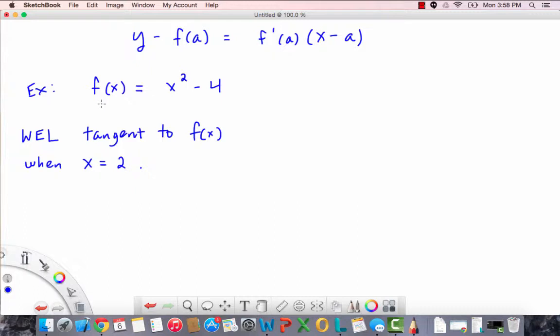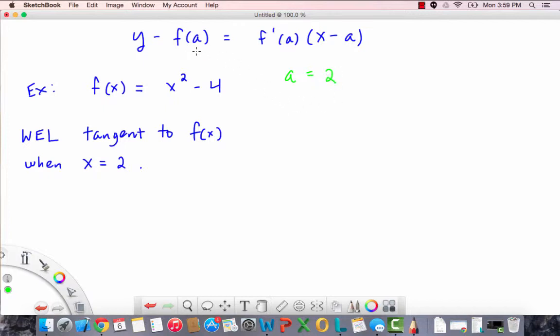And let's do an example. f of x equals x squared minus 4. And we're going to write the equation of the line. WEL is an abbreviation for write equation of line tangent to f of x when x equals 2. So this is the a value. So let's list all this information here. A equals 2.